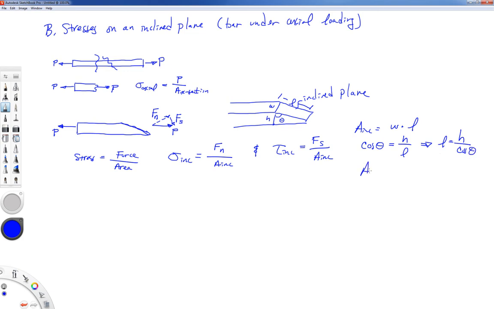So if I know the cross-section dimensions, then the area of the inclined plane is going to be W times H divided by the cosine of theta.